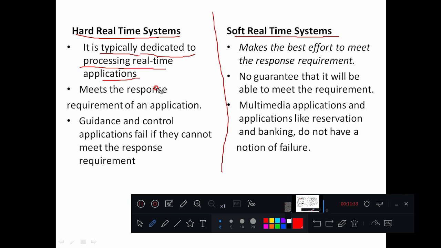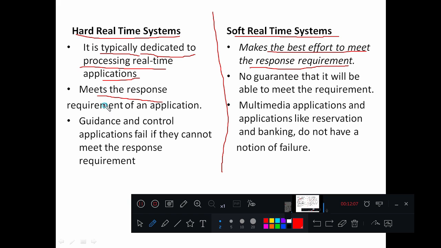The strict time limit is followed in the case of hard real-time systems, and in the second case, soft real-time systems make the best effort to meet the response requirement. So there, no strict action needs to be taken within a given time, even if that time limit expires, right? Even in such cases the system will not be destroyed. The time limit is not strictly followed in the case of soft real-time systems.